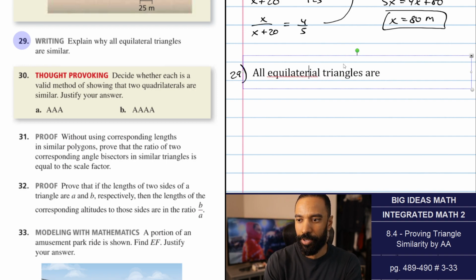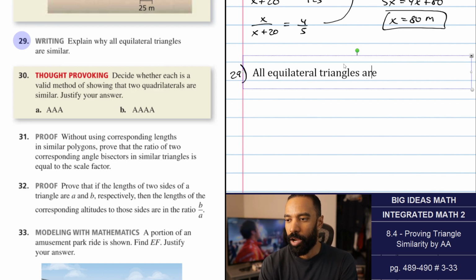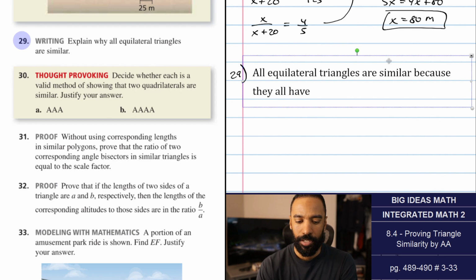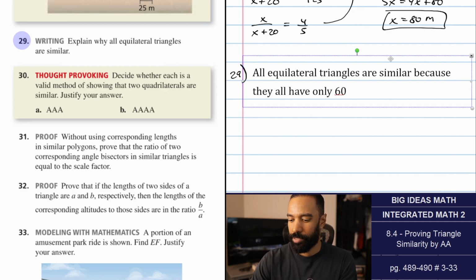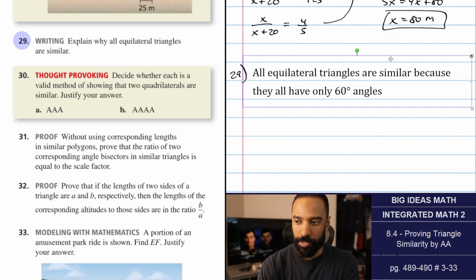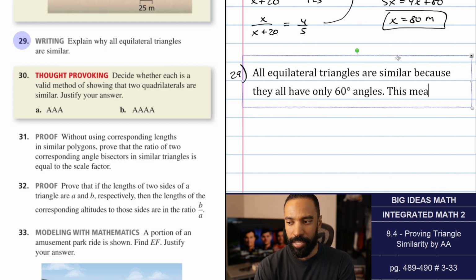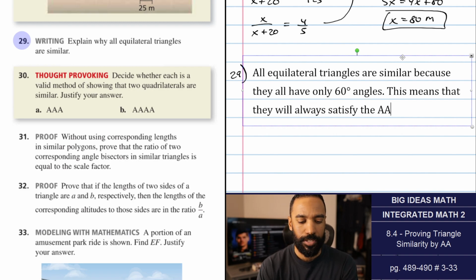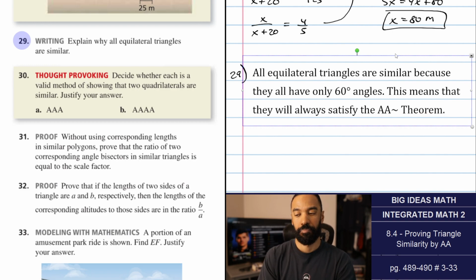Equilateral triangles are similar because they all have only 60-degree angles. This means that they will always satisfy the angle-angle similarity theorem. That's it.